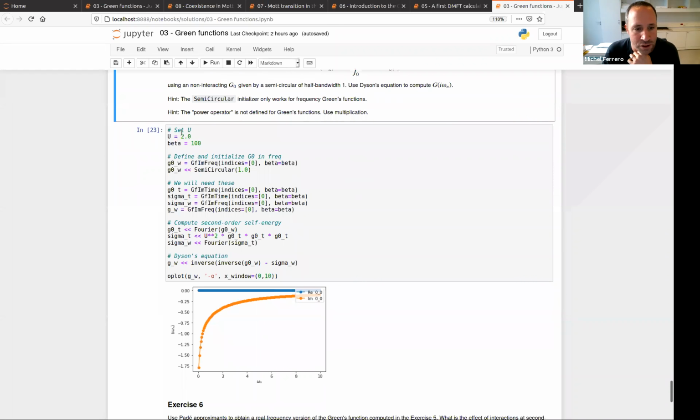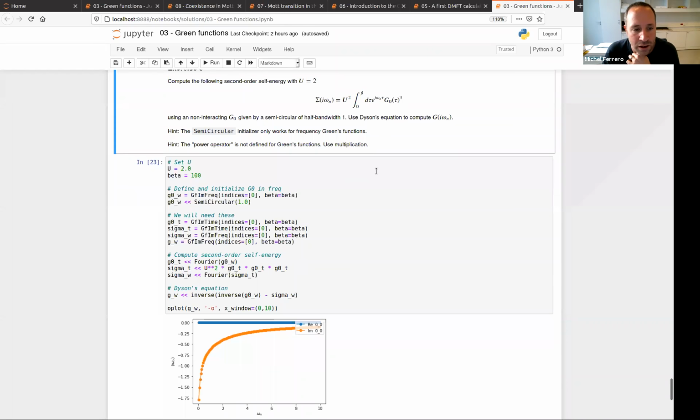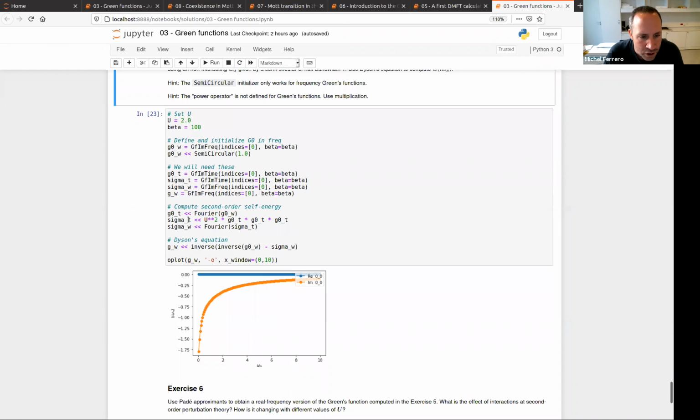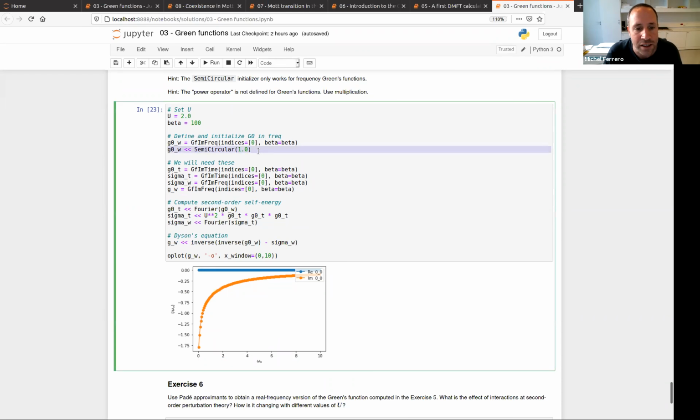So it's useful. So how can one do this in practice? So you define a G0, which is your non-interacting G that comes here. You initialize it. So this is done, where is it? Here as a semicircular. So I initialize it in frequencies. And then this is in omega, I want to get it in time.